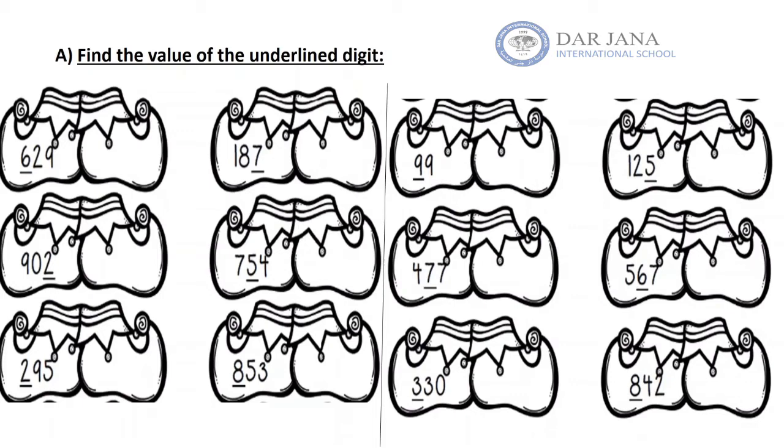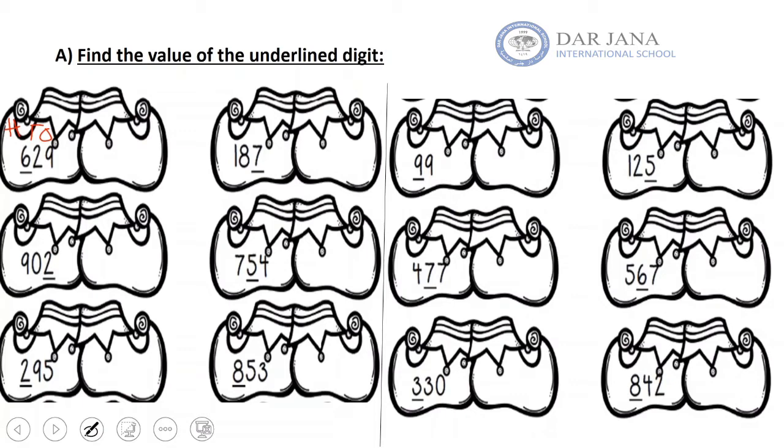Now, I will write, to make it easier for you, hundreds, tens, and ones. Okay? Now, the underlined digit is 6 here. 6 is under the family of the hundreds. So, what's the value of the 6 here?